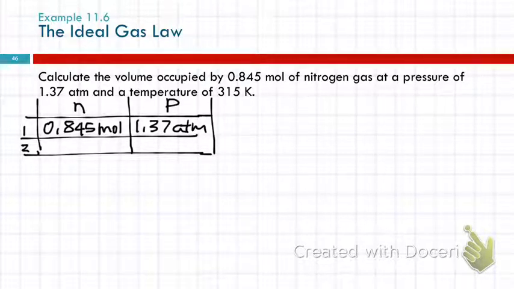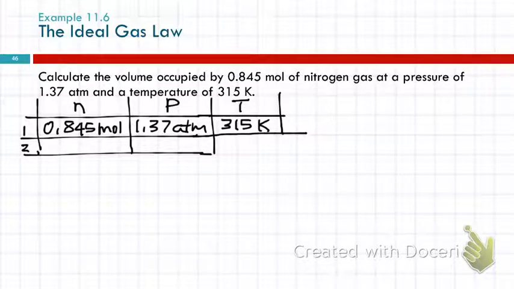That's great. Temperature of 315. Well, this is looking a little different now, right? We don't have another n or another P. We have to extend this out, 315 Kelvin. So this is the temperature. There's only one row.